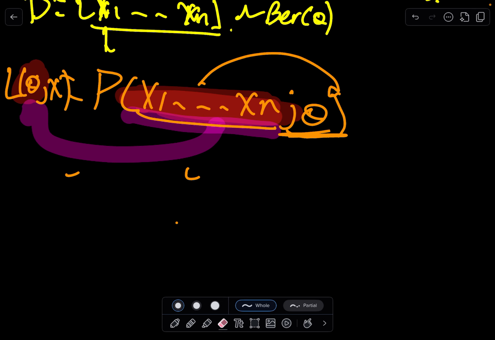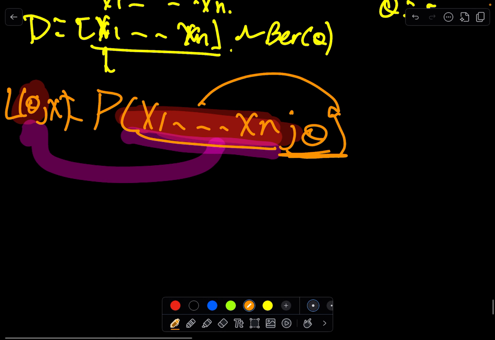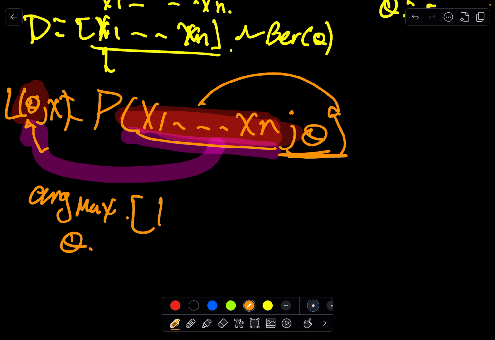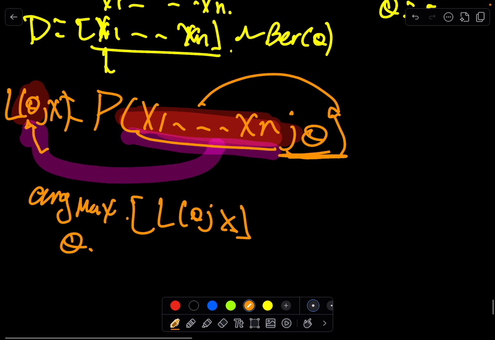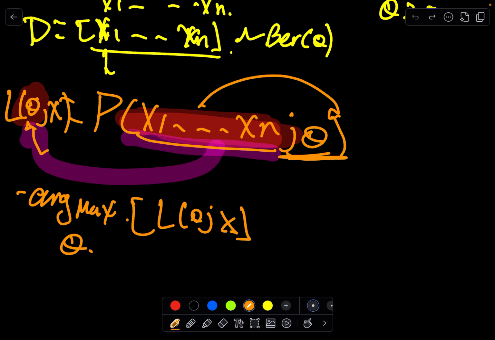We want to choose the theta that would make our data as likely as possible. This is the likelihood of theta given x, and we want to choose the theta that maximizes L of theta conditioned on x. We're going to call this theta star MLE.